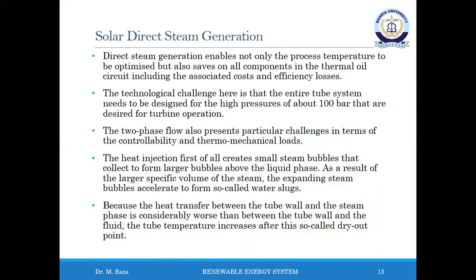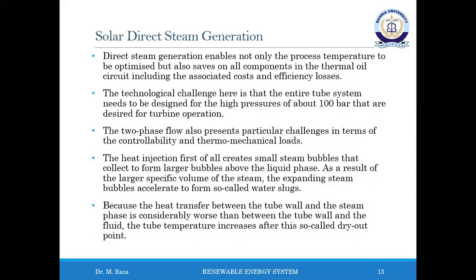Since the operating temperature of the predominantly used thermal oil is limited to just under 400 degrees Celsius for thermal stability reasons, other heat transfer media are being investigated for their suitability.